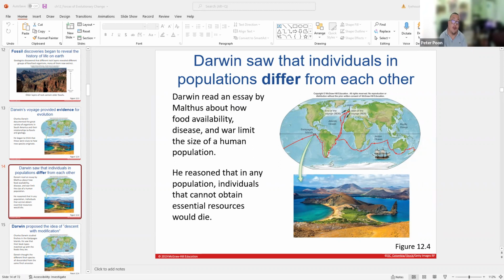That includes food, fresh water, mates, shelter, and all this other stuff. If individuals are not able to get one or more of those resources, they have a higher chance of dying than the ones that do.